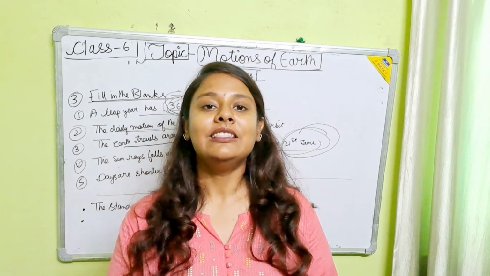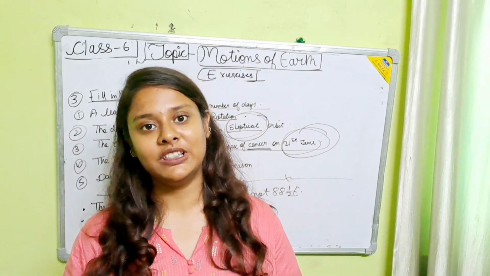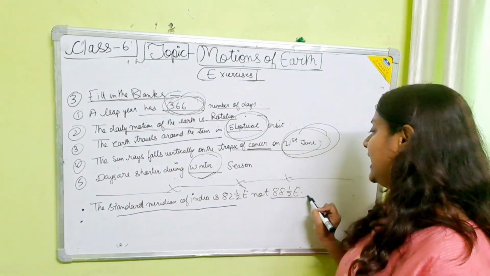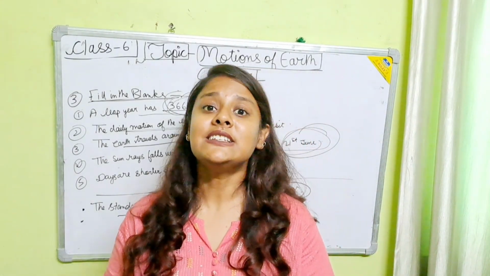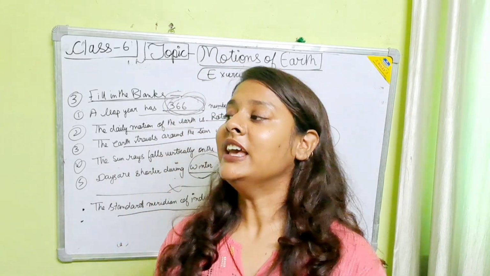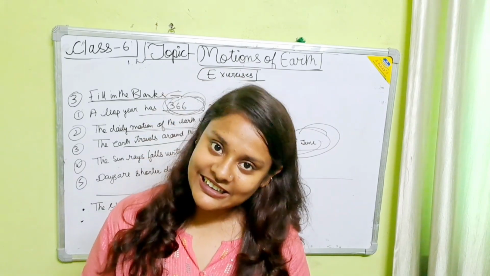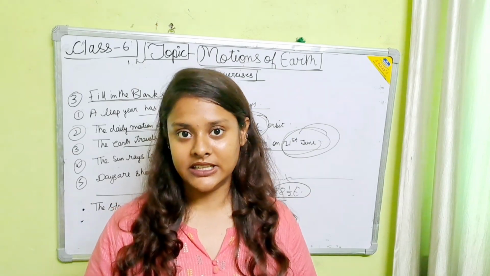And the second thing, I wrote on the board that the standard meridian of India is 88.5 degrees east. No, the standard meridian of India is 82.5 degrees east, not 88.5 degrees east. These are the 2 mistakes that I made in the earlier class. So if you have seen my earlier lecture, please correct these 2 things.